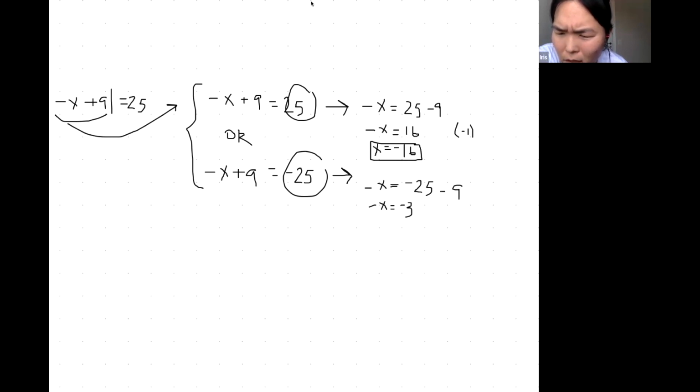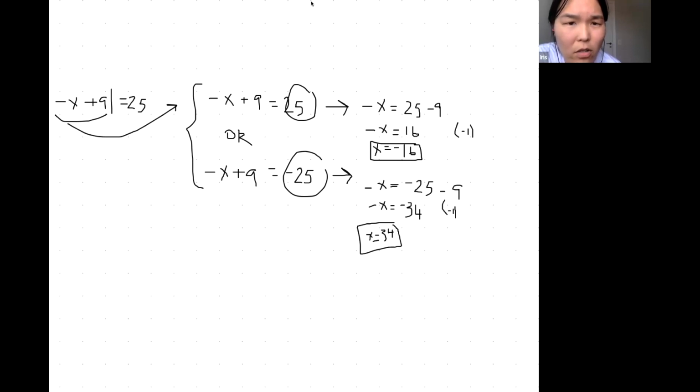Multiply everybody by minus 1 and you have x equals 34. You usually have two answers, and that's normal: x equals negative 16 is an answer, x equals 34 is an answer.